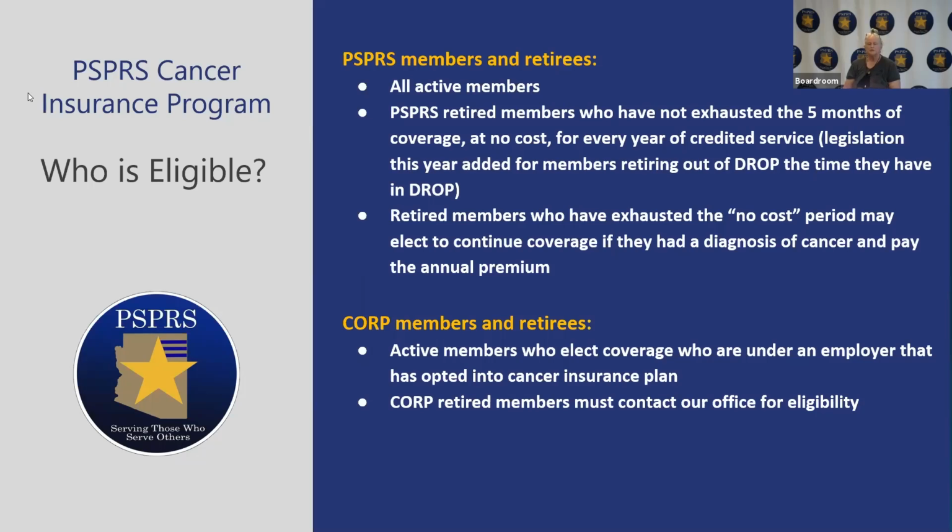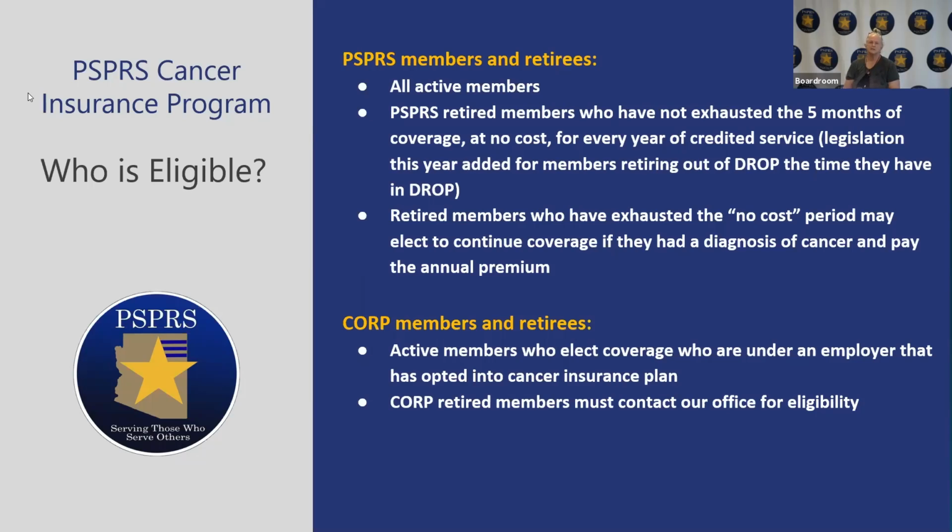Corp members elect as they're active. If they elect to be in the program, they pay for that program, and their employers set up that payment in their payroll. And then, as I said previously, annually we would be requesting a listing from the corp employer to let us know how many members and who has elected to be in the program.